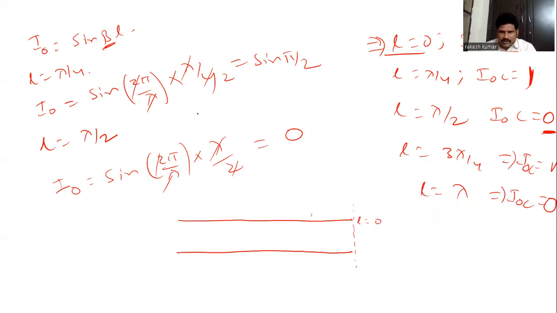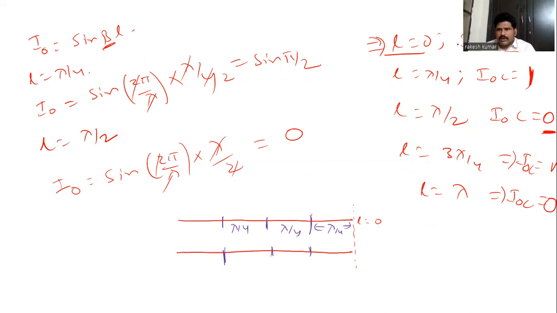Let us consider from here to here. From here to here it is lambda by 4. From here to here it is another lambda by 4. From here to here it is another lambda by 4. Similarly, this direction also.